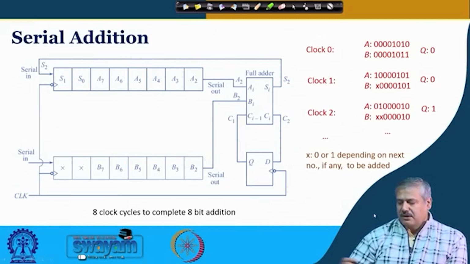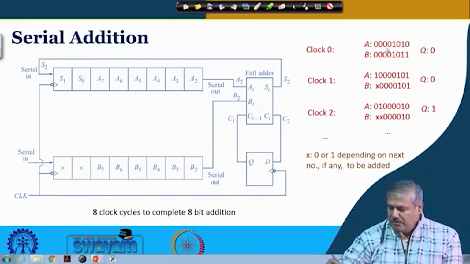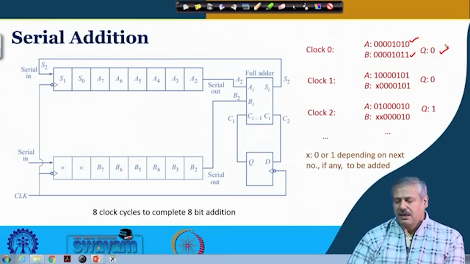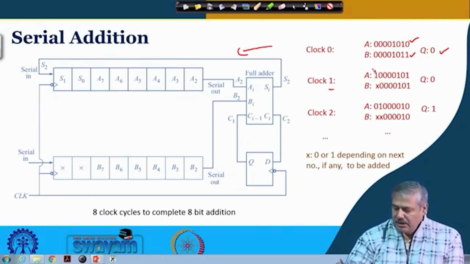So, we can see one example. For example, we have 2 numbers, say 1110 and 1010. So, this is A and this is B initially loaded and Q is 0. After 1 clock pulse, what will happen? 1 and 0 are getting added, so that is 1. This 1 will be, after 1 clock pulse, because it is fed back here, it will come over here.